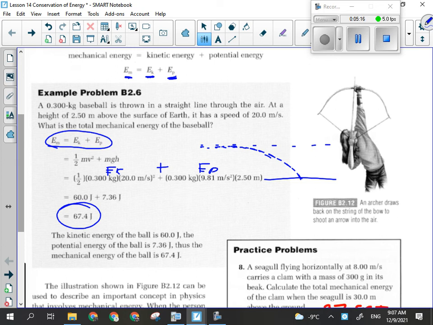So what ends up happening is the potential energy that it had here turns into more kinetic energy, right? So when it gets to the ground, it has no potential energy, but it's all kinetic now, and it's all still there. It just turns from potential into kinetic, right?